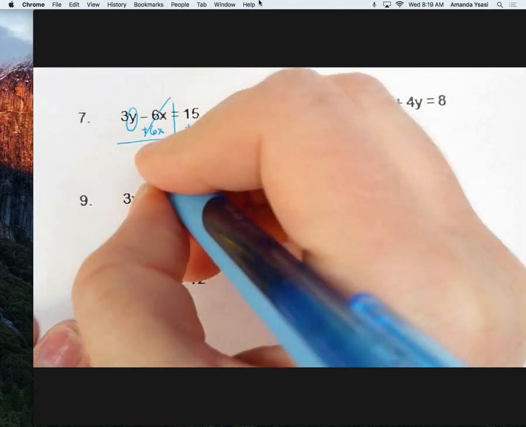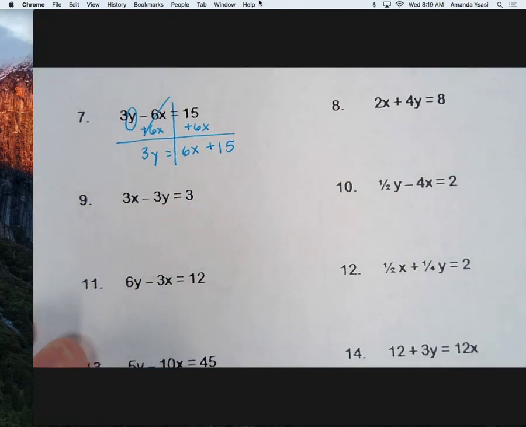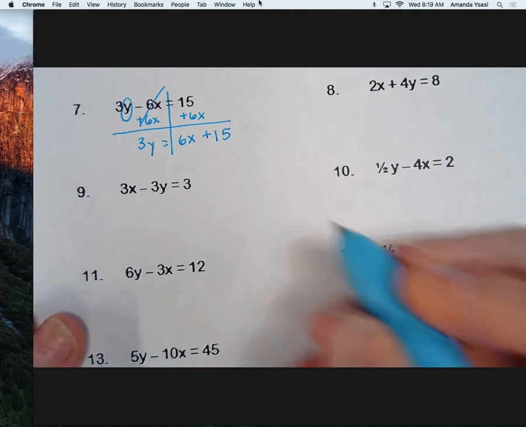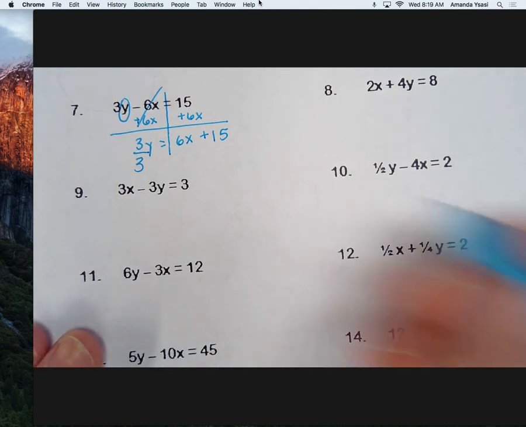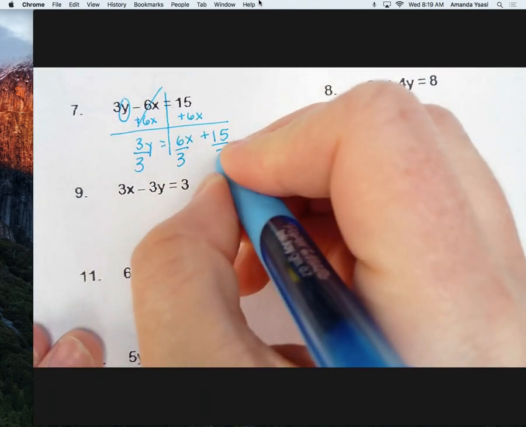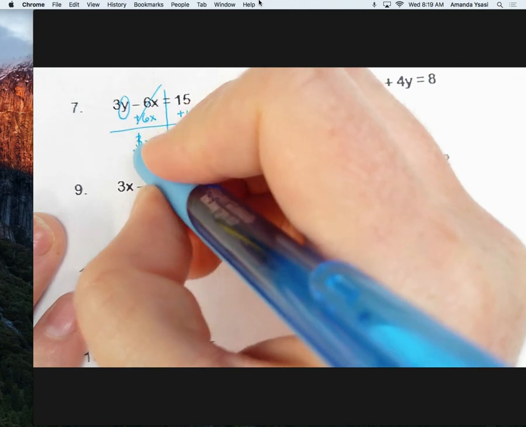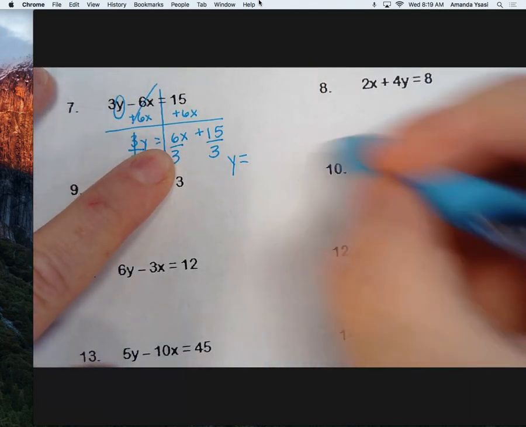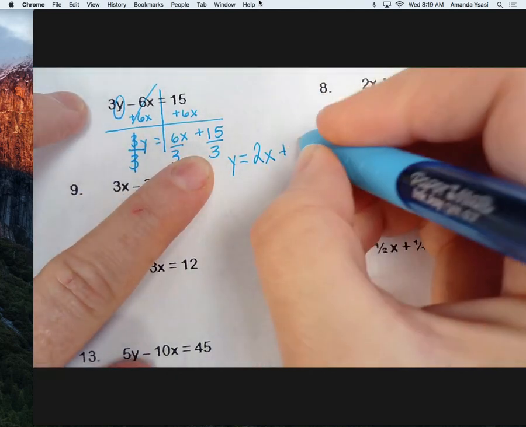I get 3y equals 6x plus 15. And then what do I do? I divide by 3 on every single term. So I divide by 3 here, divide by 3 here. And so 3 over 3 makes 1, so I'm left with y equals 6 over 3, 2x, plus 15 over 3, 5.